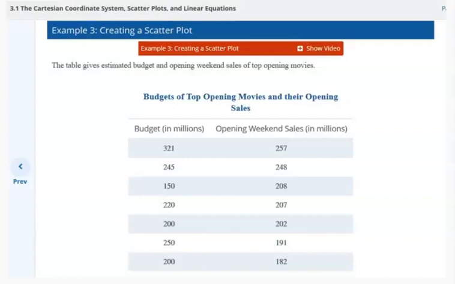Now, for a scattered plot, for example 3, I'm not going to ask you to write all this data down, but see if you can follow it.